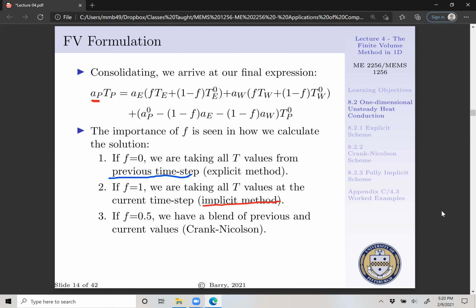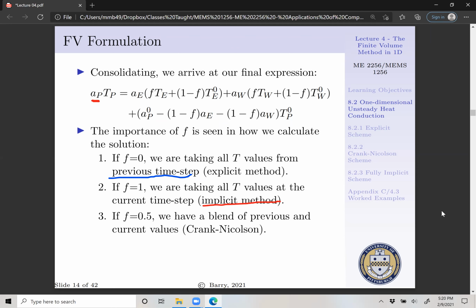And you can do some tests and see what the best f is. We're going to talk about what f means in just a moment. Sometimes you want an f of maybe 0.4, 0.6, which decreases computational time but maintains the same level of accuracy that you're looking for in comparison to a full implicit or explicit scheme.